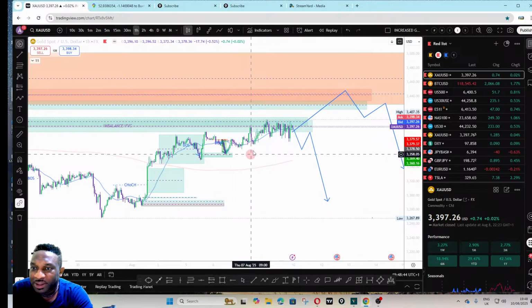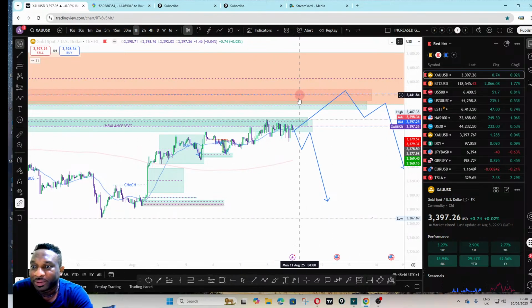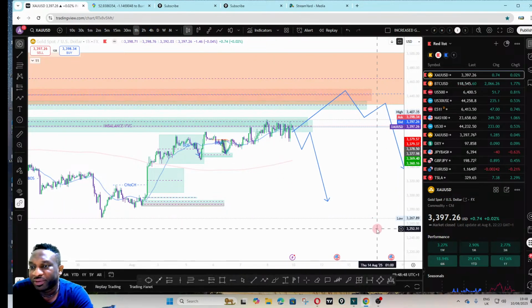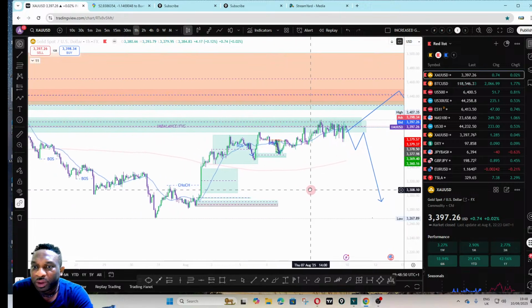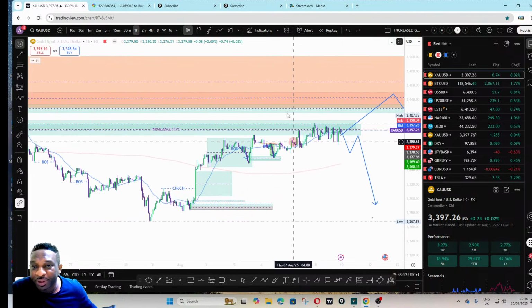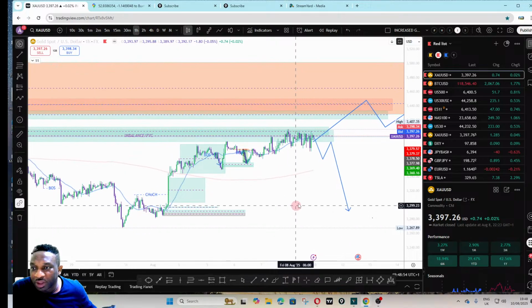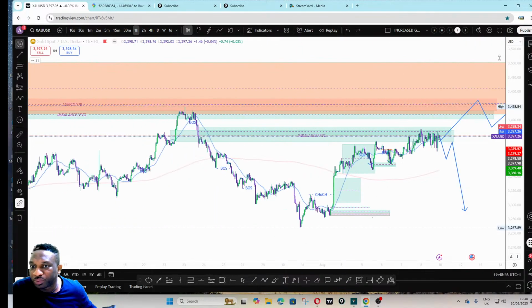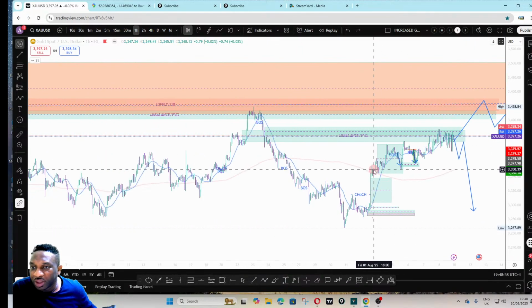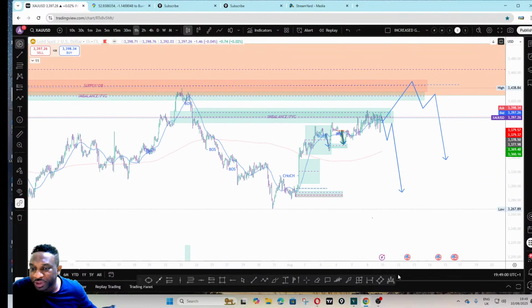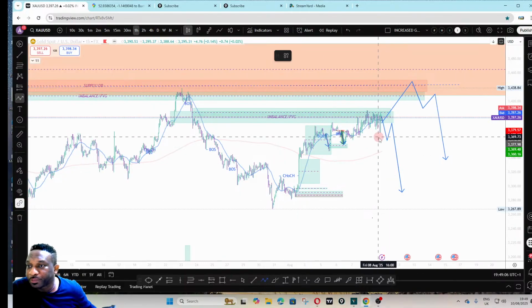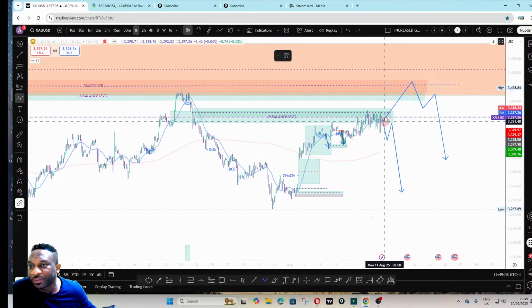So we expect a liquidity sweep in some form before a sell-off. Or it could happen that if price wants to continue the uptrend, it will just make its way, creating more imbalances along the way.